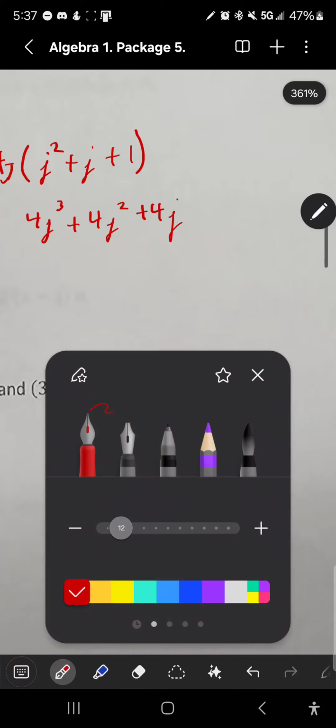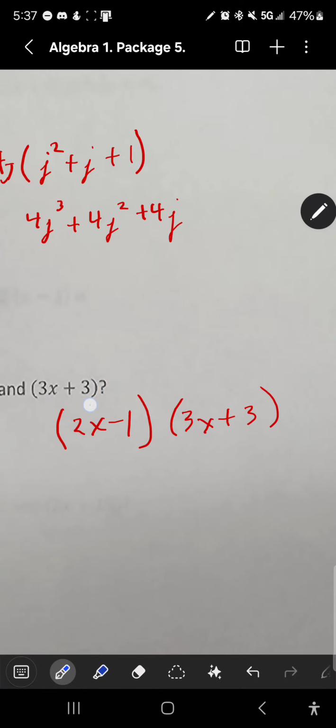Now remember the one we did before, so it will be 2x times 3x, so 2 times 3 is going to be 6. X times x is x squared. Now 2x times 3, 2 times 3 is going to be 6. X times 1 is just x, so we just skip the x.